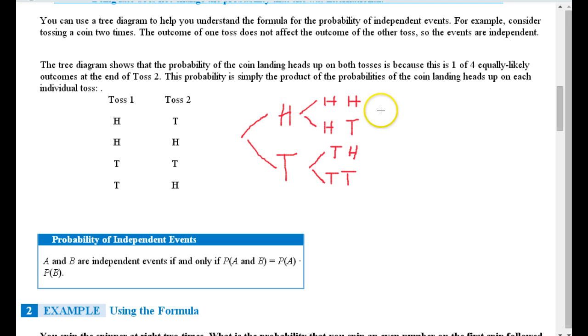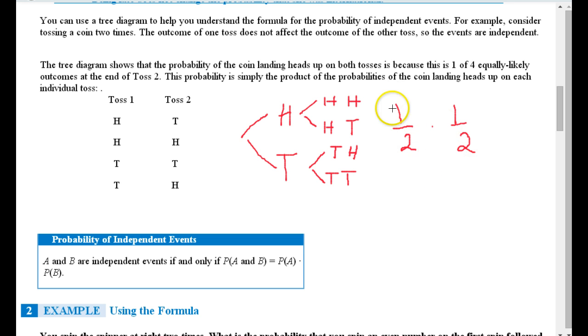But when you try to figure out the probability of multiple events, to find the probability of getting heads in both cases, we would take the probability of A, getting heads in the first toss, times the probability of B, getting heads in the second toss.